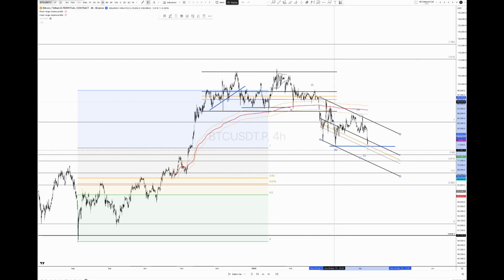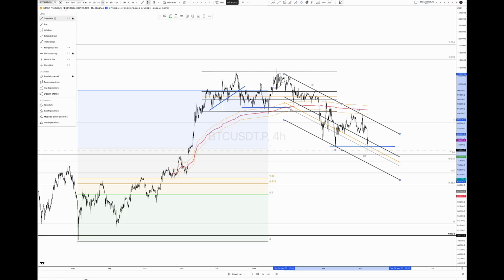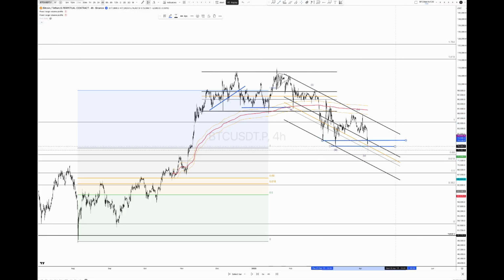We can also do that as a channel. Now, if this takes out that previous high, there, we're in business. It's a nasty one, but it works. And then we're going for the breakout.